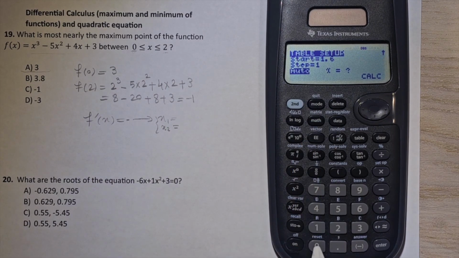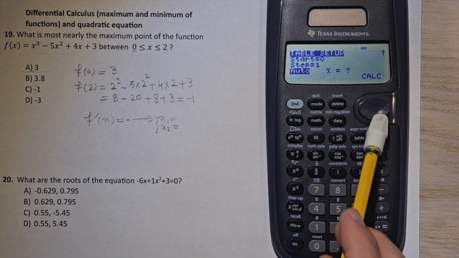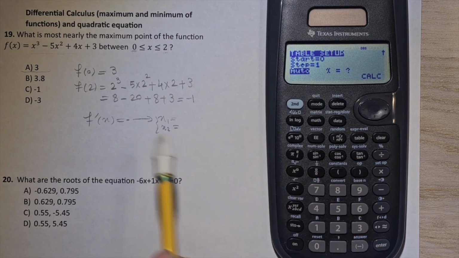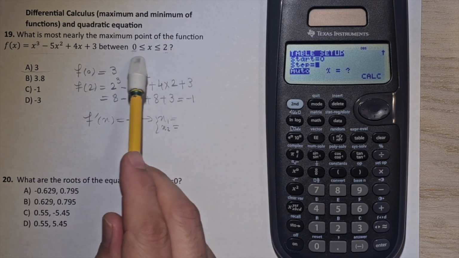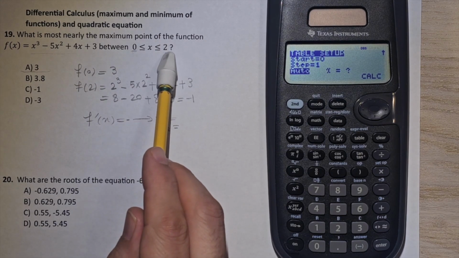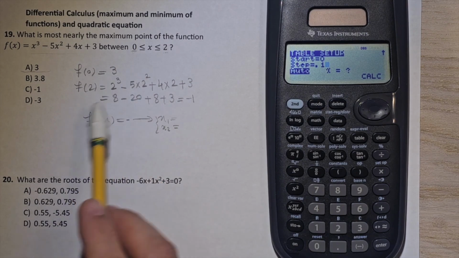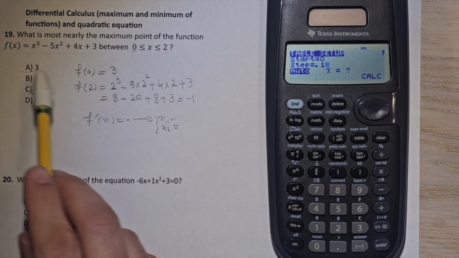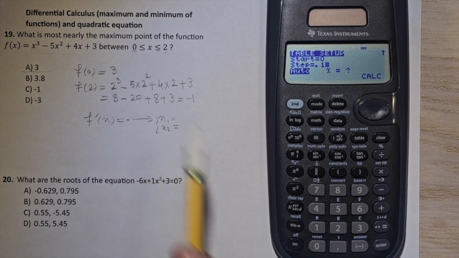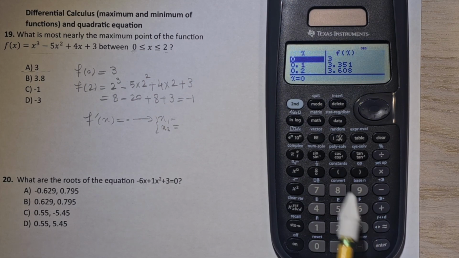The start point should be 0. The step, considering 0 until 2, we can put 0.1 to see the f(x) values between 0 and 2. I'm going to press enter to see the result.